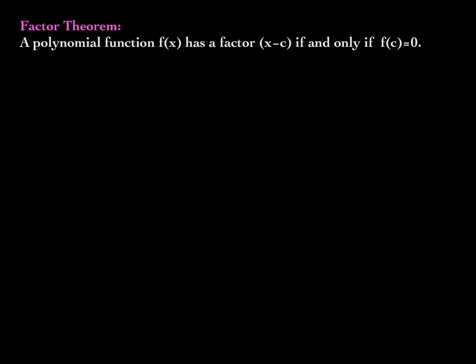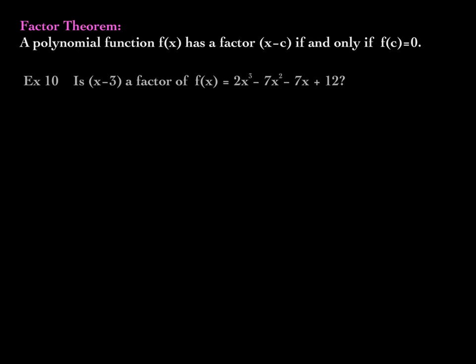All right, here comes the factor theorem. A polynomial function f of x has a factor of x minus c if and only if f of c is equal to 0. That is to say, when you use synthetic division, if you get a remainder of 0, that must mean x minus c is a factor for that function. Let's look at an example.